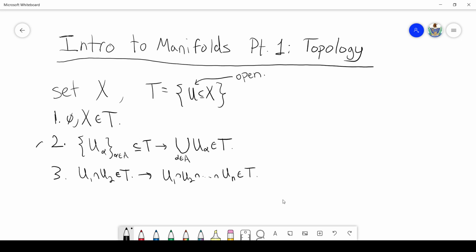So the difference between these two conditions is that the union condition generalizes to the infinite case. However, the intersection does not. There are examples of topological spaces where you can form an infinite collection of open sets that has a non-open intersection. So X together with the topology is called a topological space. I'm just going to abbreviate that as top space.